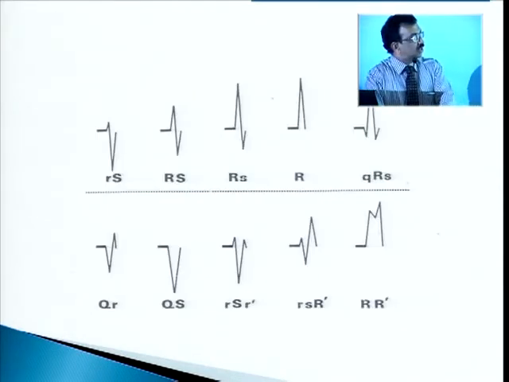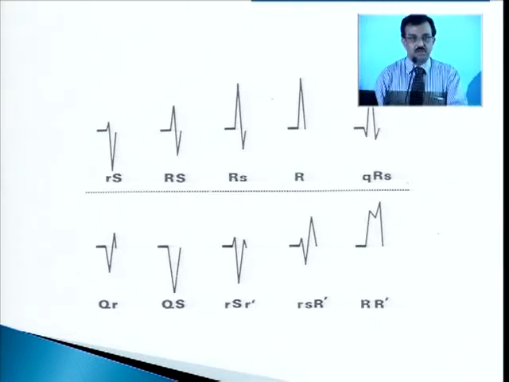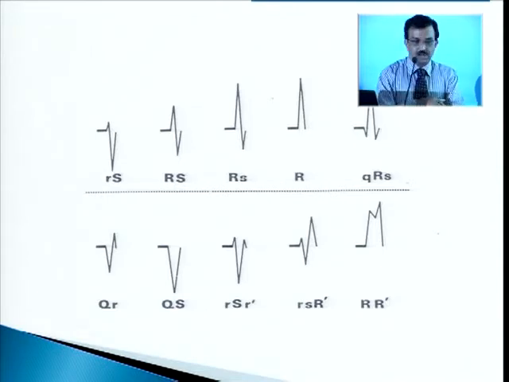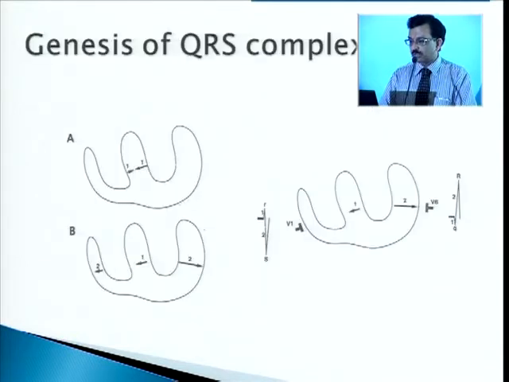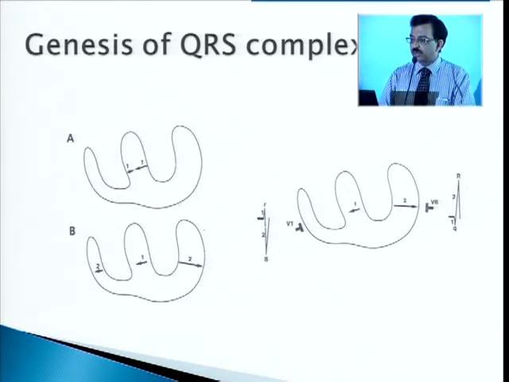For example, in RS, a small r and big S means the r is smaller than the S. In the same way, you can have QR, QS, RSR dash, and RR dash, which are all the deflections used in the normal QRS complex. The genesis of the QRS complex is endo to epicardial depolarization.